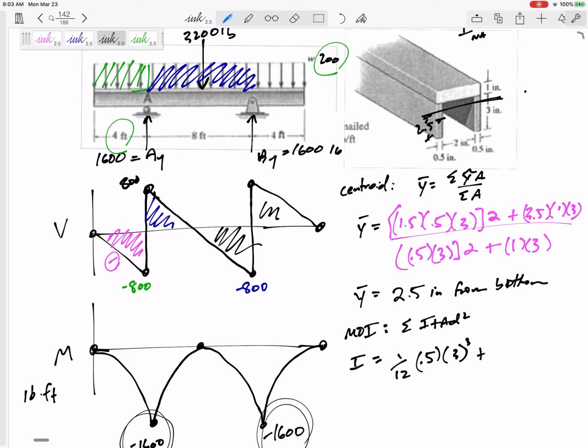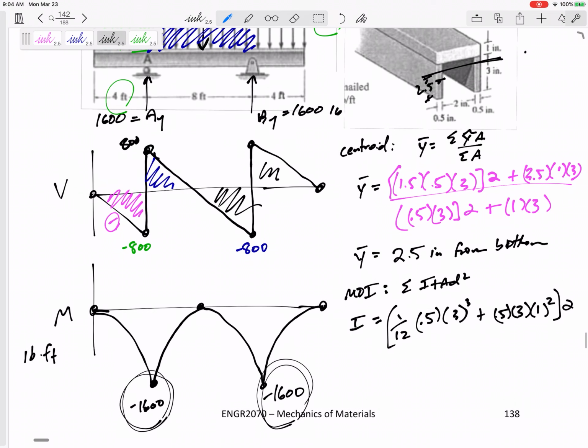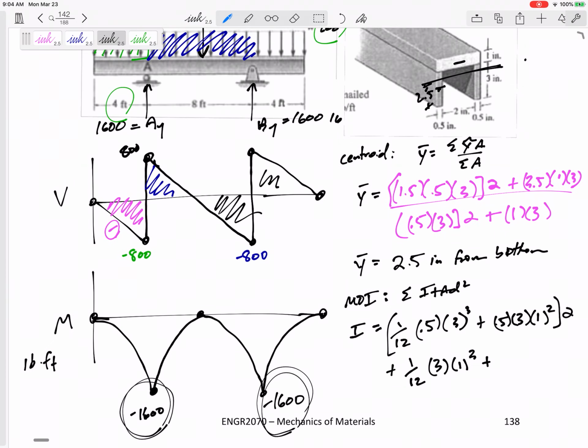I need to move it to 2.5 from the bottom, so I need to move it 1, squared. I need to do the exact same thing for the other rectangle over here. And then the top one, 1/12 B H cubed, but that would be about the middle of that shape. I need to move it down 1 as well. So its area is 3 by 1, moved down 1 squared.